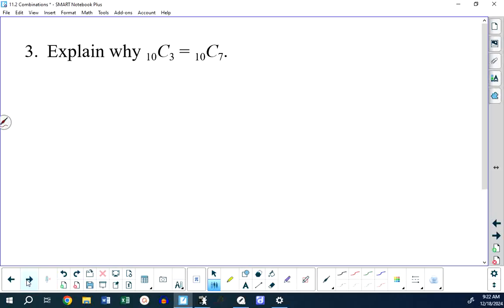Noah, Mark, and Ben. Noah, Mark, and Caleb. I could just stand here for a long time trying to find 120 different ways, but it's possible. Why is the number of ways to select 3 people out of this group of 10 the same as the number of ways to select 7 out of the group of 10?